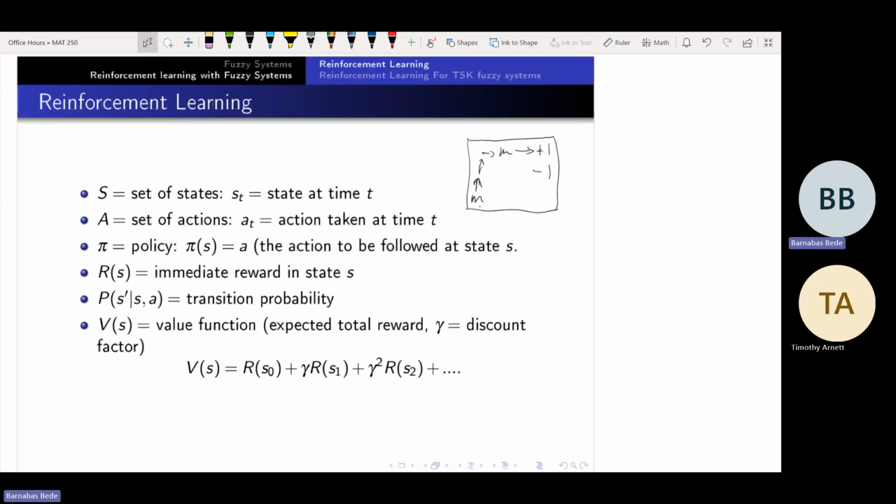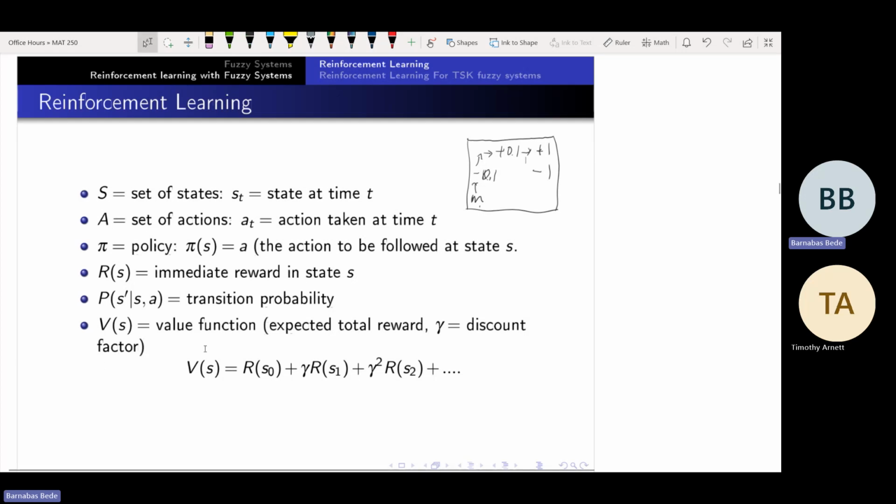Value function. Value function is the expected total reward. So let's say that our environment is a little more complicated. There is a big cheese here, but there is a small cheese over here. But there is a negative reward here, showing you that you should very quickly get to the cheese if possible.